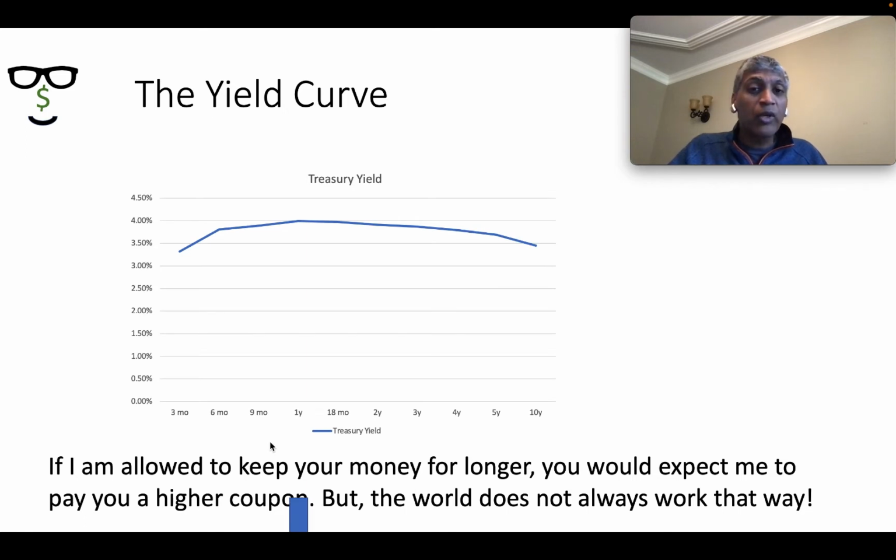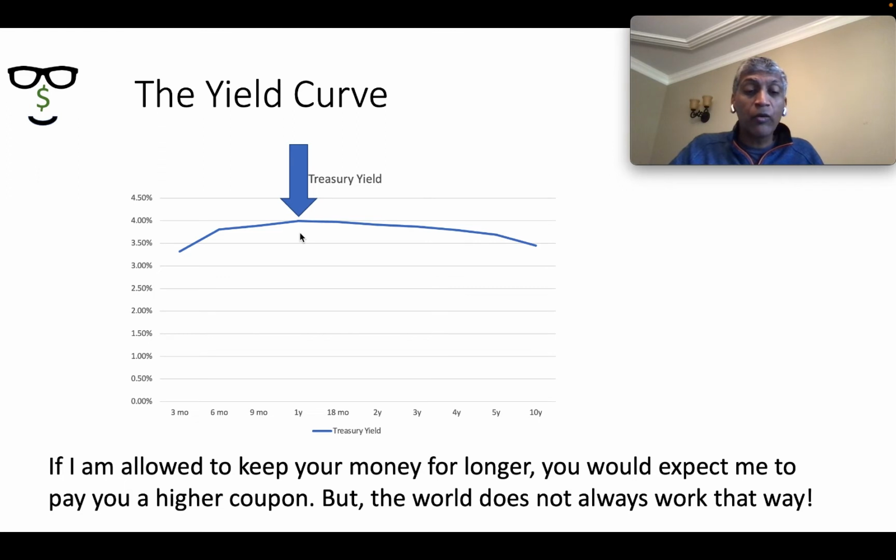But we learned when we looked at the treasuries that that is not the case in some cases during some times, especially during the time that is indicative of a recession, where the United States government does not encourage you to keep money longer.